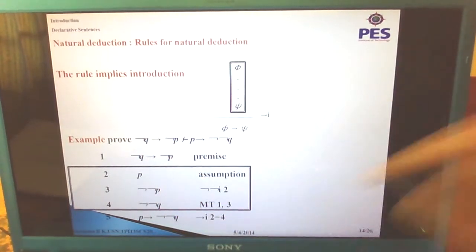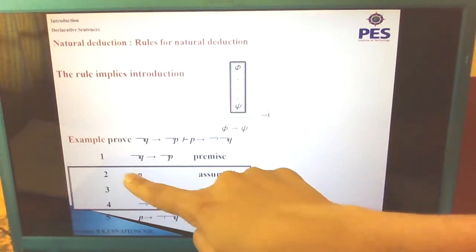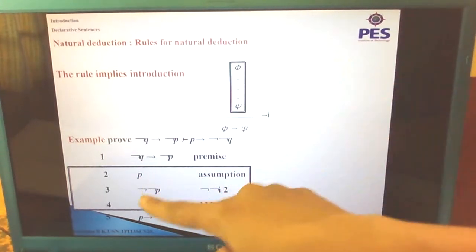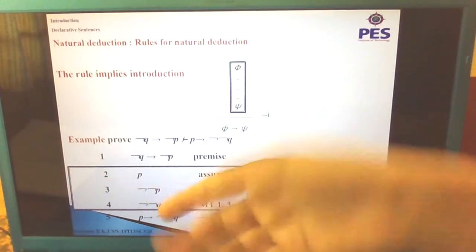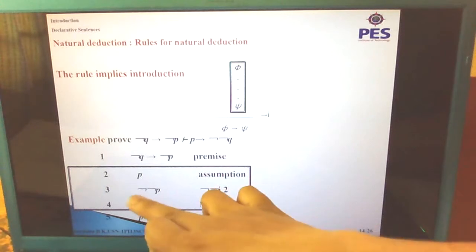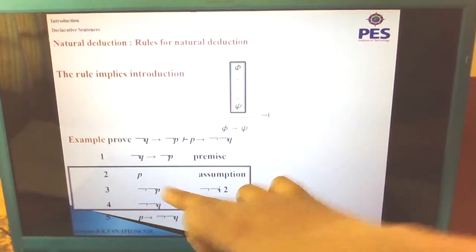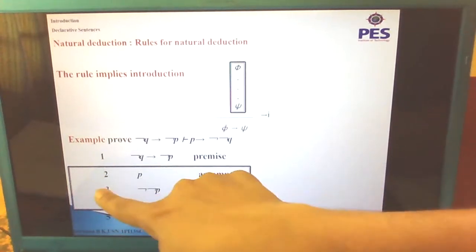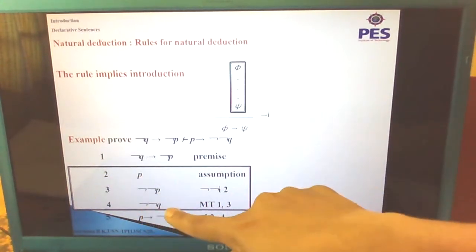My assumption is p is true. Introducing a double negation on the assumed premise in line 2, I am getting a double negation of p. By applying modus tollens on lines 1 and 3, I'm getting double negation of q.